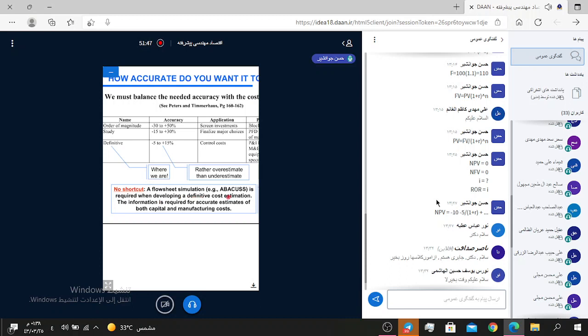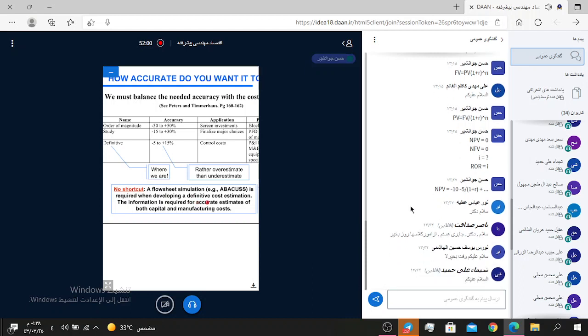A full sheet simulation, Aspen, is required when developing a definitive cost estimation. The information is required for accurate estimates of both capital and manufacturing costs.